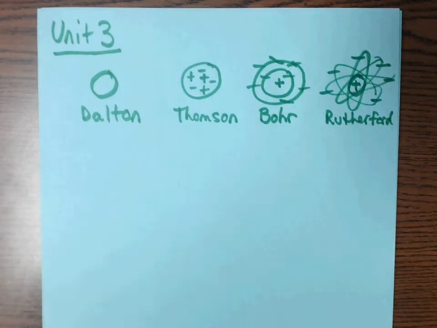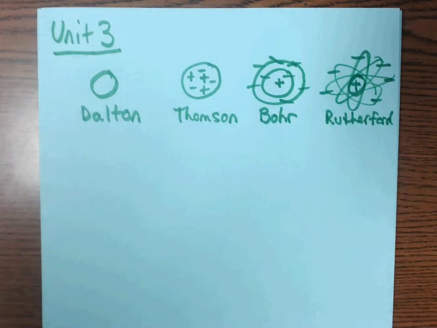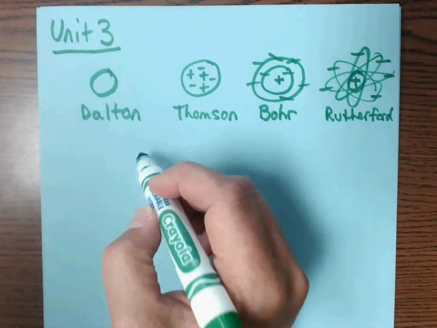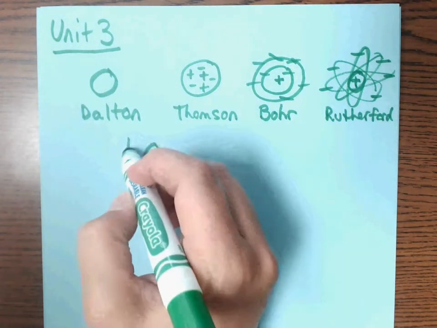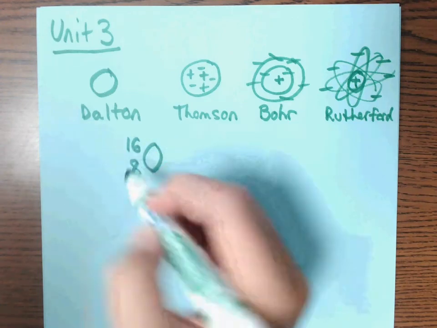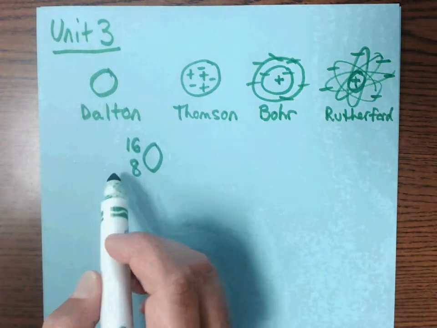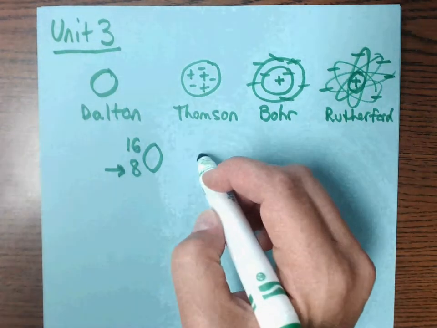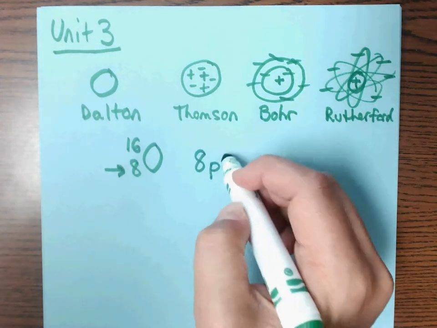So once we knew we had protons, neutrons, and electrons, we are able to count how many protons, neutrons, and electrons an element has. So remember, if you're given a symbol with a number up top and then a number on the bottom, this bottom number is the atomic number. That tells you how many protons, so this would be oxygen with 8 protons.